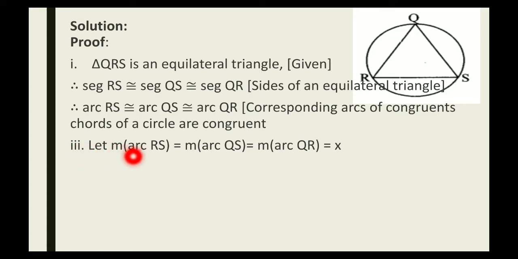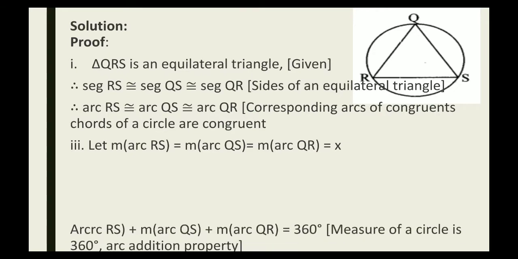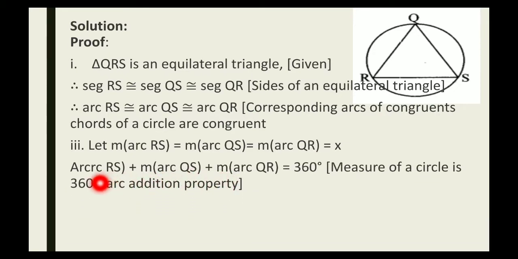Let measure of arc RS, arc QS and arc QR be equal to x. We know that we are going to do addition of all the arcs. The addition of all the arcs is how much? 360. Why?